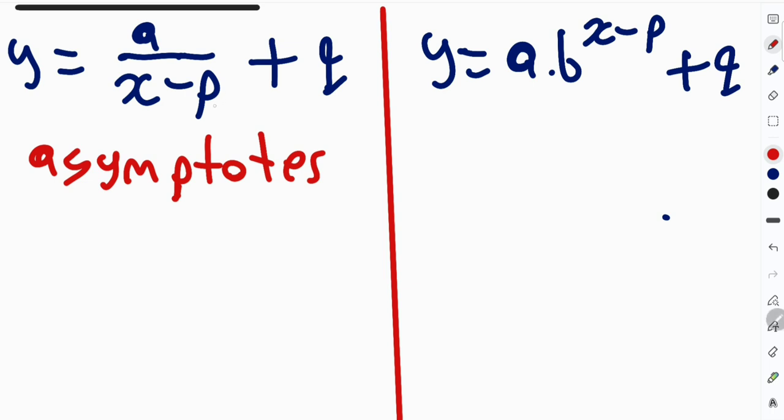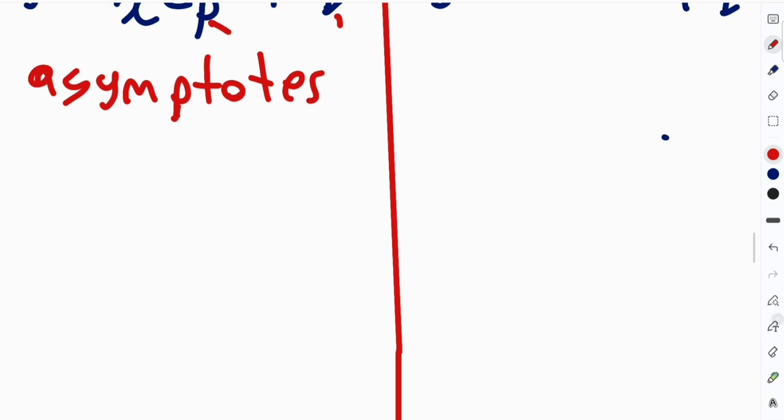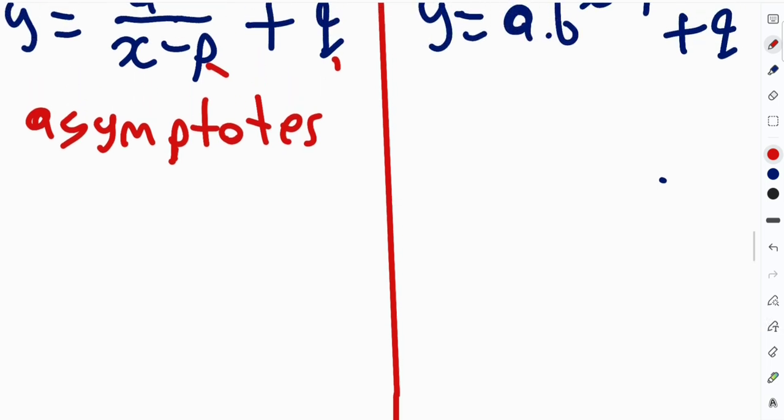So this p here, we say that is your vertical asymptote, and q, that is your horizontal asymptote. So if you think about it, this is for y, and this is for x. Let's say we have your graph.